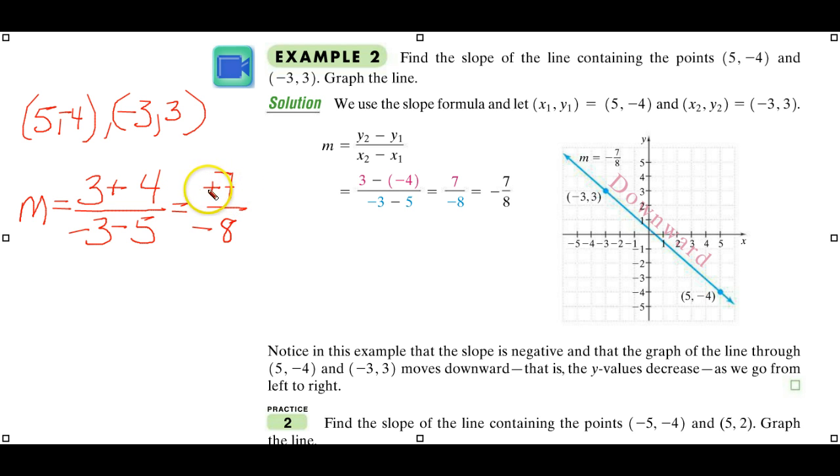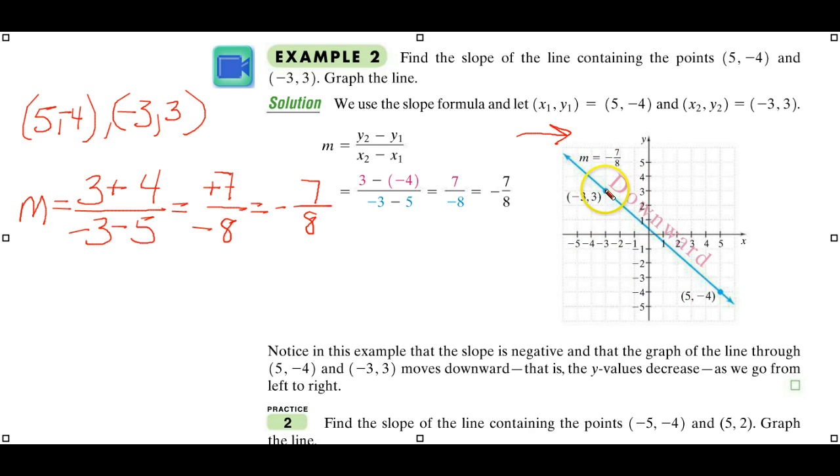Now it's a positive 7 over a negative 8. And generally we put the sign, if it's negative, by this division bar. So that gives you negative 7/8. So this slope is negative. And we find when we graph that, if it starts high as you move from left to right and goes down, this is negative slope.